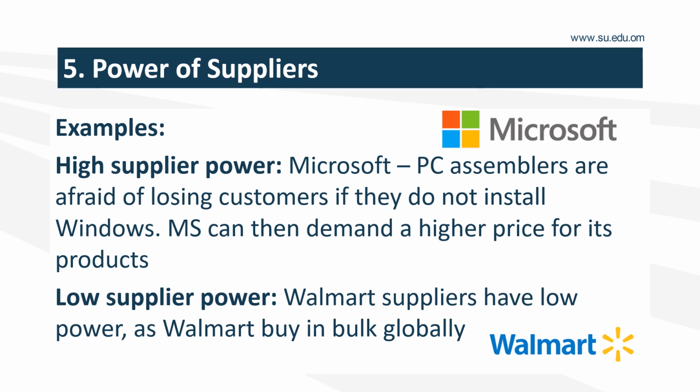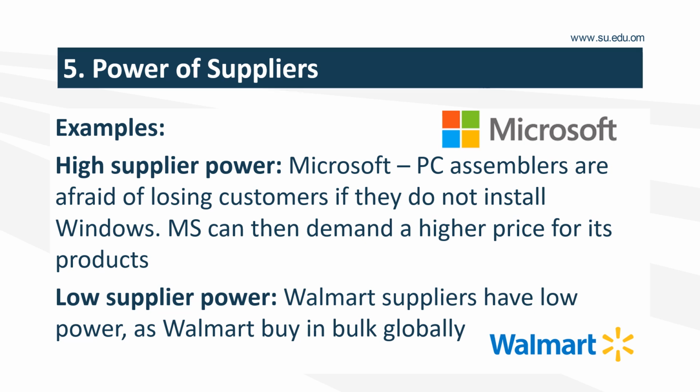I think every PC now needs Windows, with Microsoft as the supplier. That is why Microsoft became a top supplier for the PC operating system, so they can demand a higher price for their products.